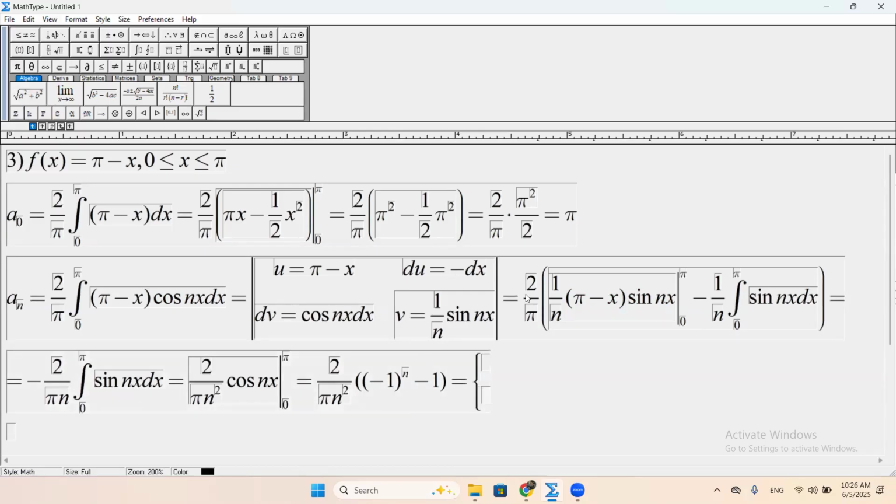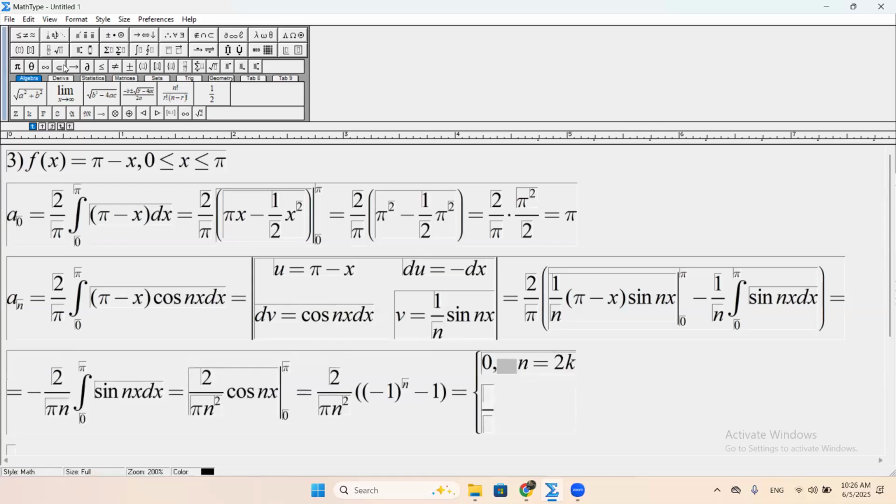If n is even, here we will have 0. And if n is odd, we will have minus 4 over Pn square.